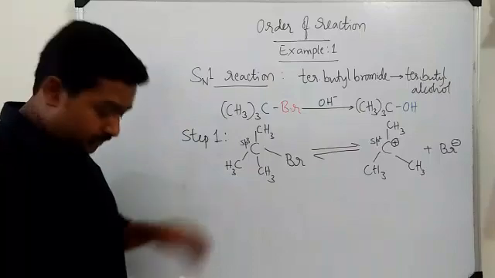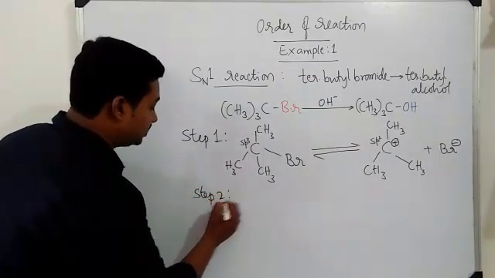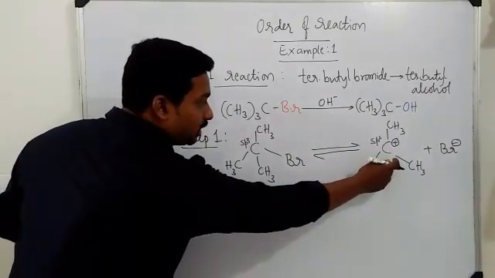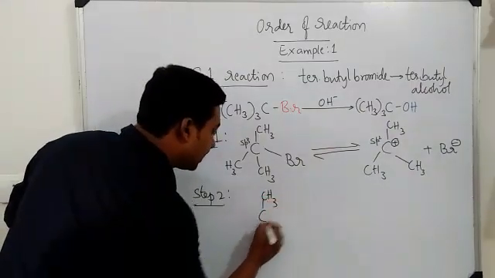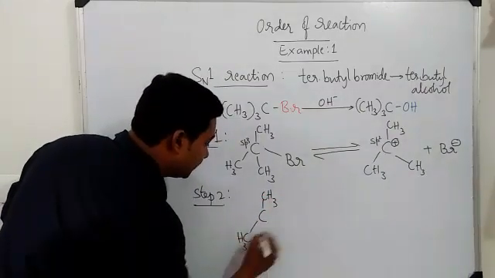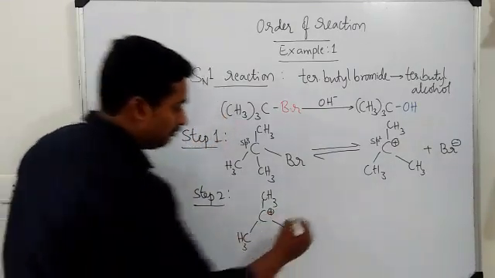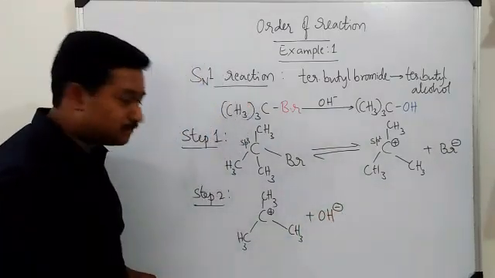This is step 1. Now in step 2, since this is a complex reaction, there is another step involved in it. And in step 2, the carbocation formed in first step undergoes nucleophilic attack. That means carbon having positive charge, that is carbocation, will be attacked by the hydroxide group OH minus.